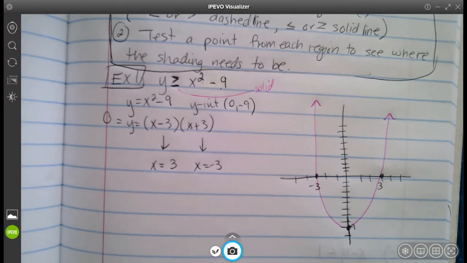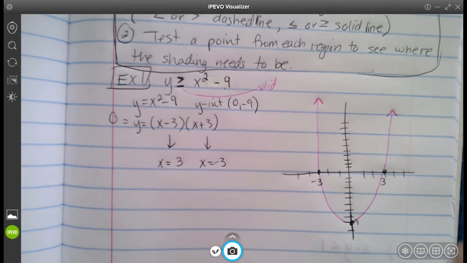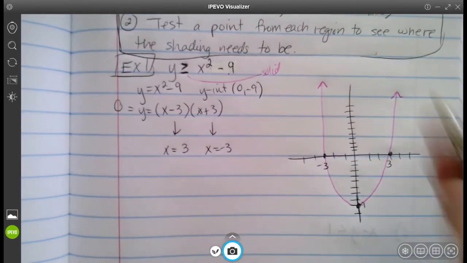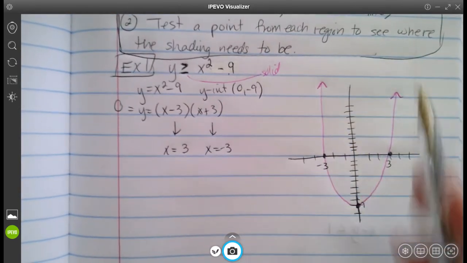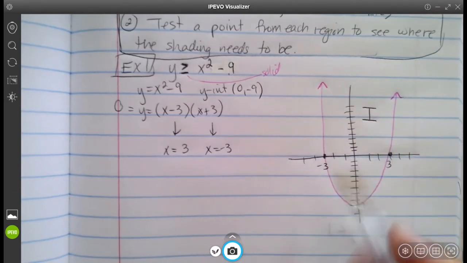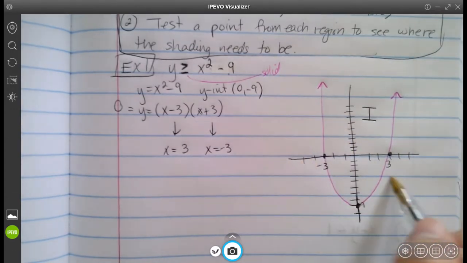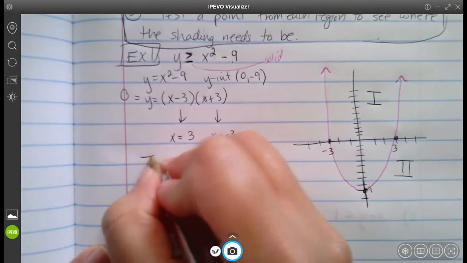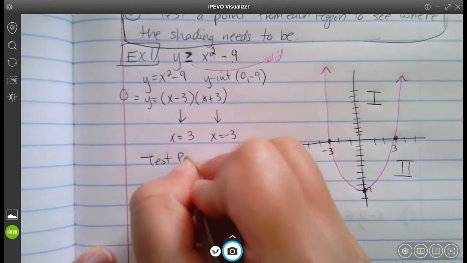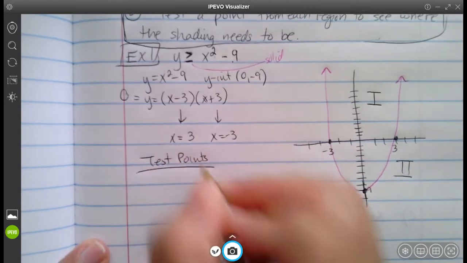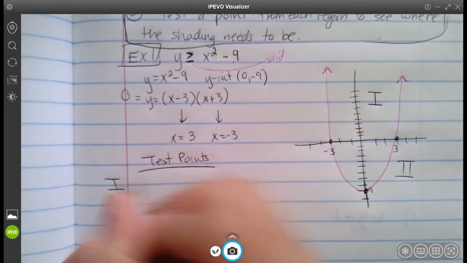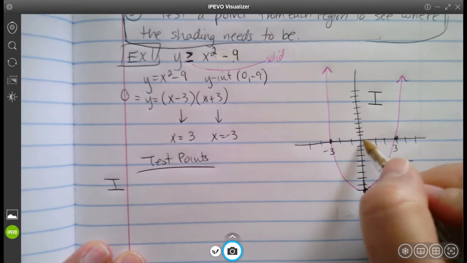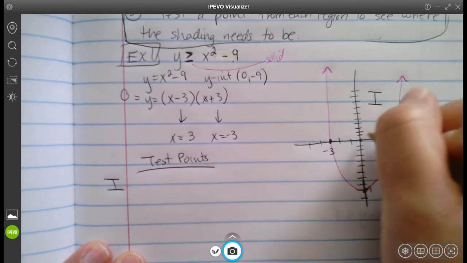All right, so from there, we're going to do step number 2, which is to test a point from each region. So here's how you do this part. We want to label the regions. We have this region on the inside. Let's call this region 1. And then we have this region here on the outside. Let's call this region 2. So we're going to get some test points from each of these regions. From region 1, I'm going to use the easiest one, 0, 0.